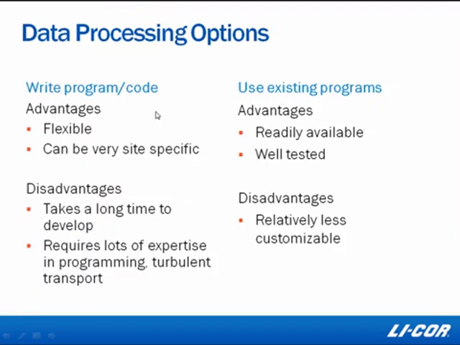Some research groups will write their own data processing code. Maybe it's in Fortran or C++, or it's in MATLAB or another platform. The advantage here is that the program can be modified and can be tailored for the specific site. However, it requires a lot of time to understand the theory behind the eddy covariance method.